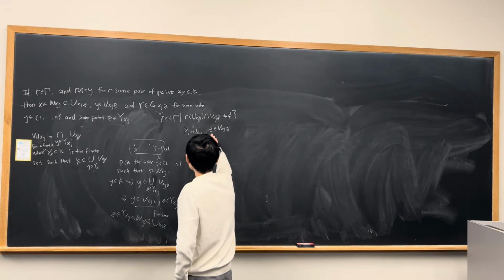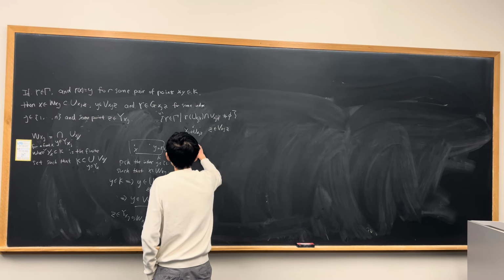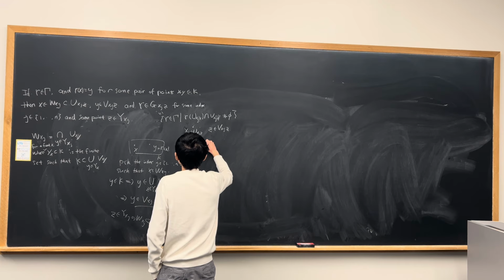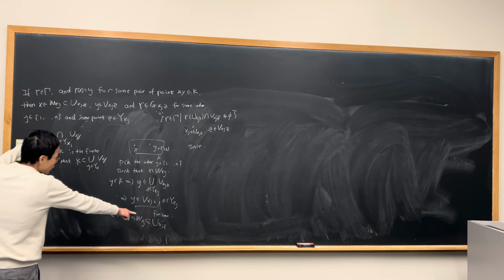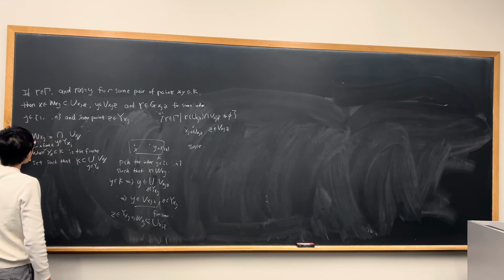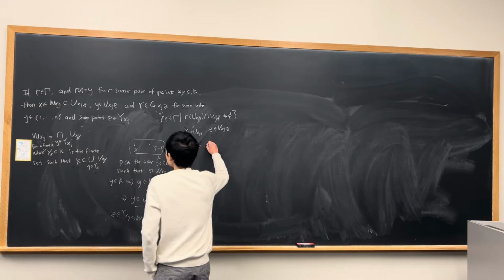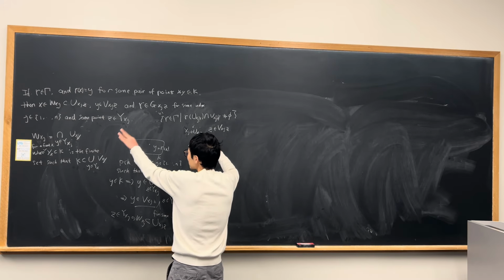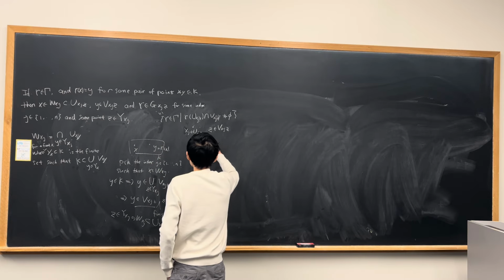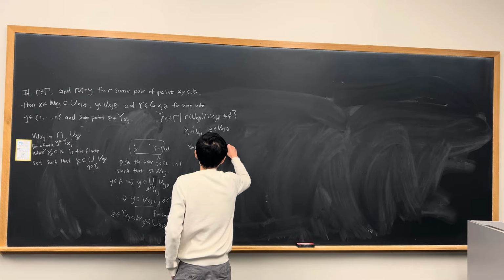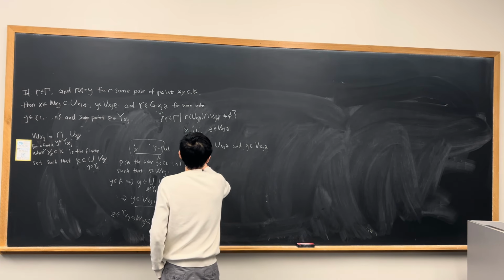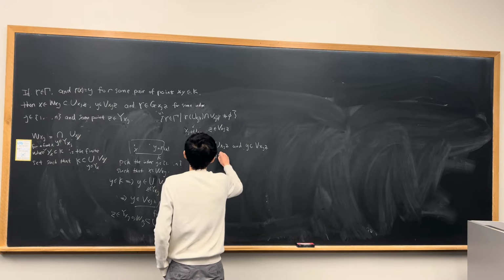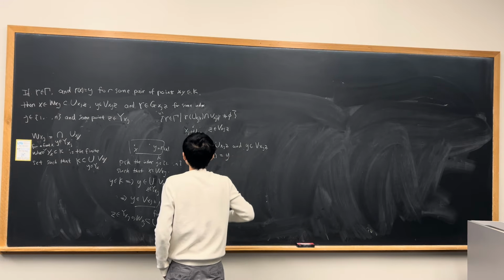There's no problem with saying this, but the thing I want to say is that we know this W_{x_j}, which is contained in this set U of x_j z, contains this x. So this x is in W_{x_j}, and W_{x_j} is contained in this U_{x_j z}. We already showed that. Therefore this x is contained in this U of x_j z, and we have already showed that this y is also contained in the V_{x_j z}, and also gamma of x is equal to y.